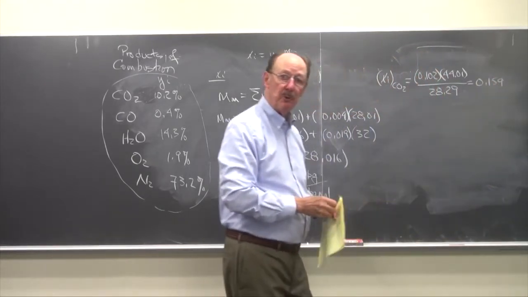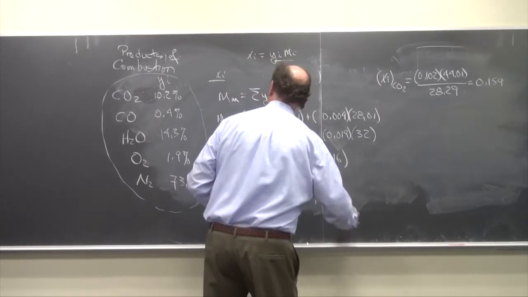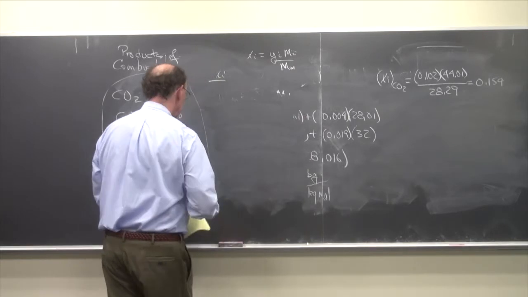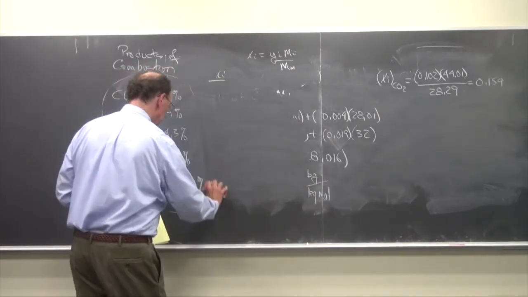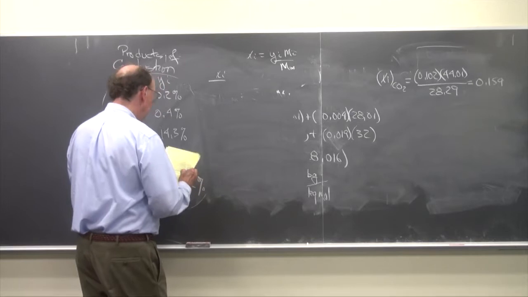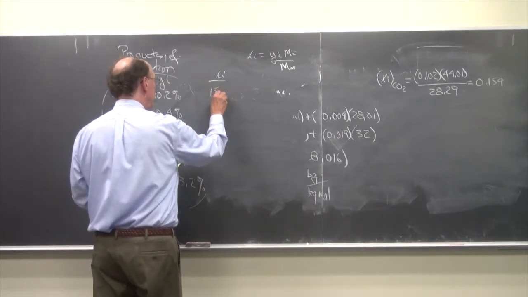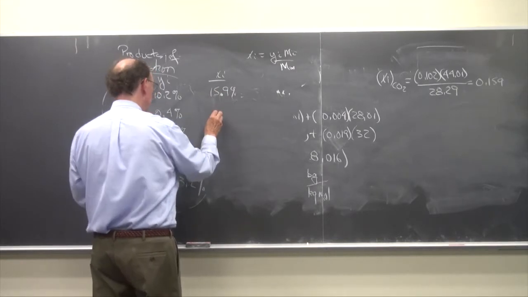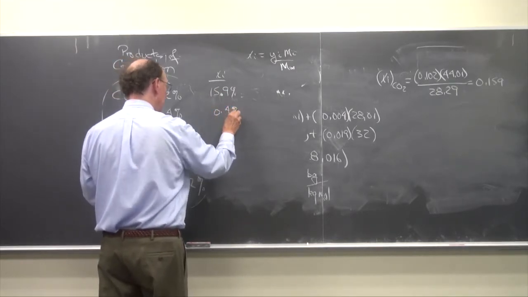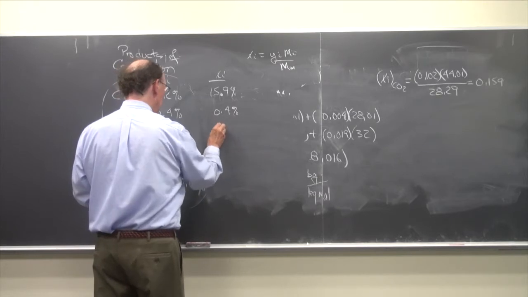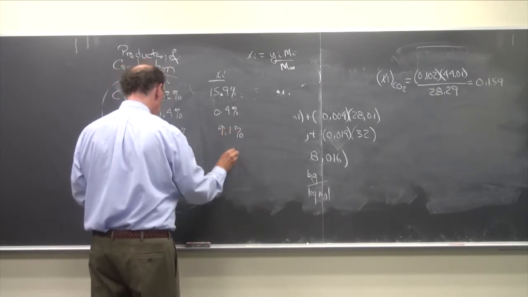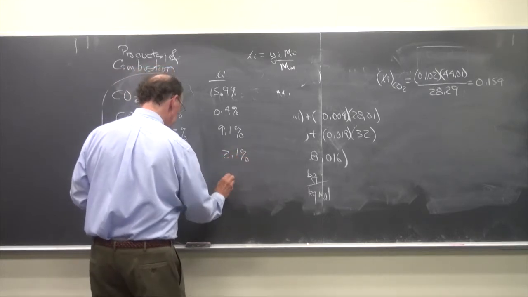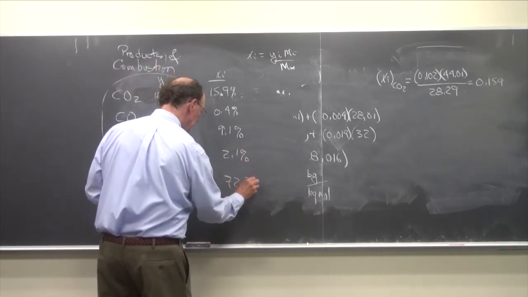You can do the rest of the gases, and if I fill out this table, which I can do now, let me erase this so it looks a little neater. We have 15.9%, 0.4%, 9.1%, 2.1%, 72.5%.